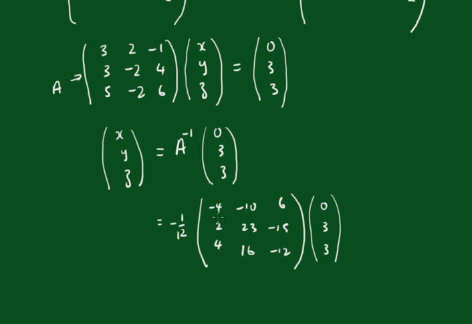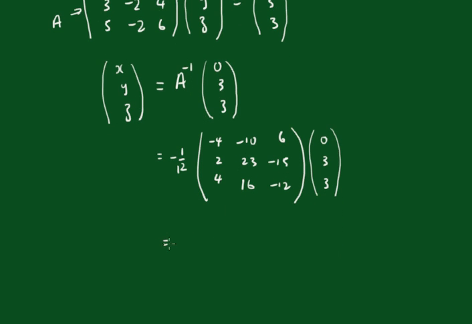Now rather than multiplying each of these cells by minus a 12th, I'll do this multiplication first. And when we do that, multiplying this row by that column, we get minus 12. And multiplying this row by that column, we get 24. And multiplying this row by that column, we get positive 12.